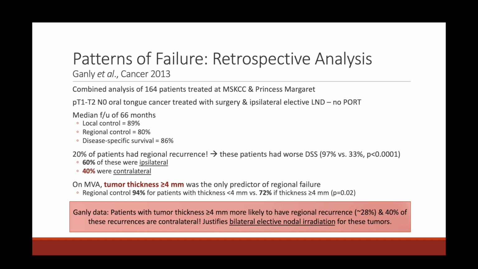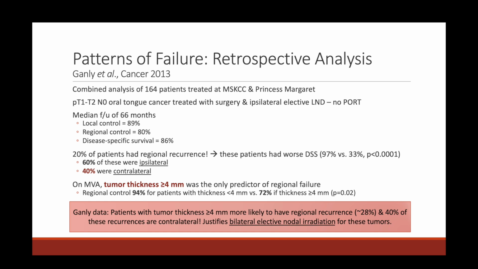And the big takeaway from this trial, and the first author on this trial is Ganley, is that for patients with tumor thickness of 4 millimeters or greater, these patients are more likely to have a regional recurrence, so about 28%, and 40% of these recurrences are contralateral. And this justifies bilateral elective nodal irradiation for these tumors.